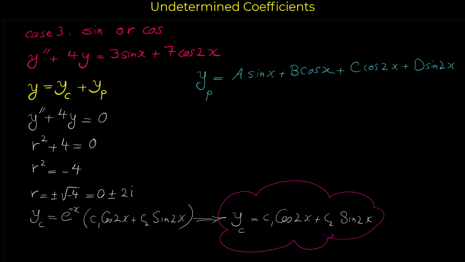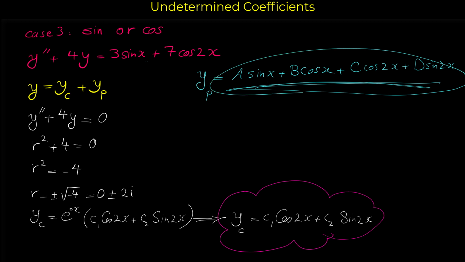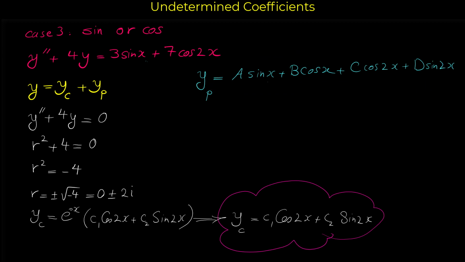Maybe you think this is the form of the particular solution. But note that always when you write the particular solution, check the terms in the particular solution against the terms in the complementary solution. We know that none of the terms in the particular solution should be duplicated in the complementary solution.